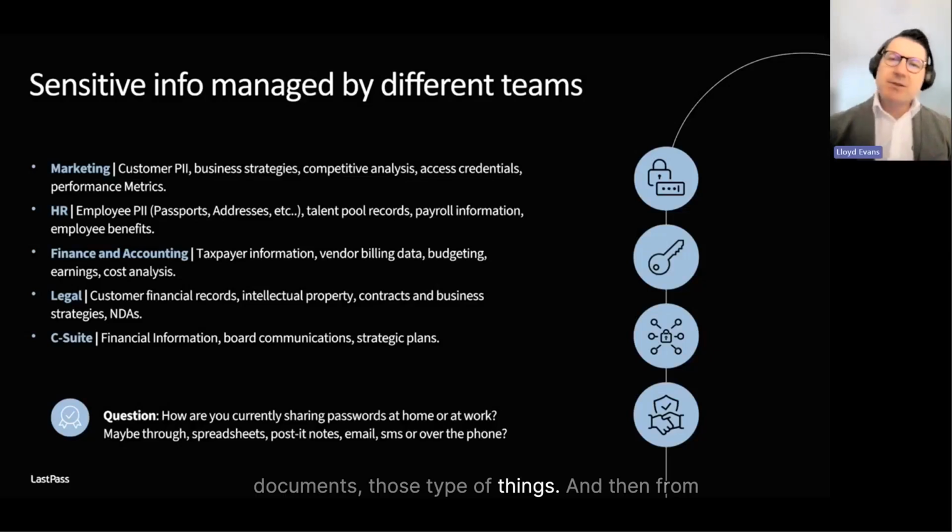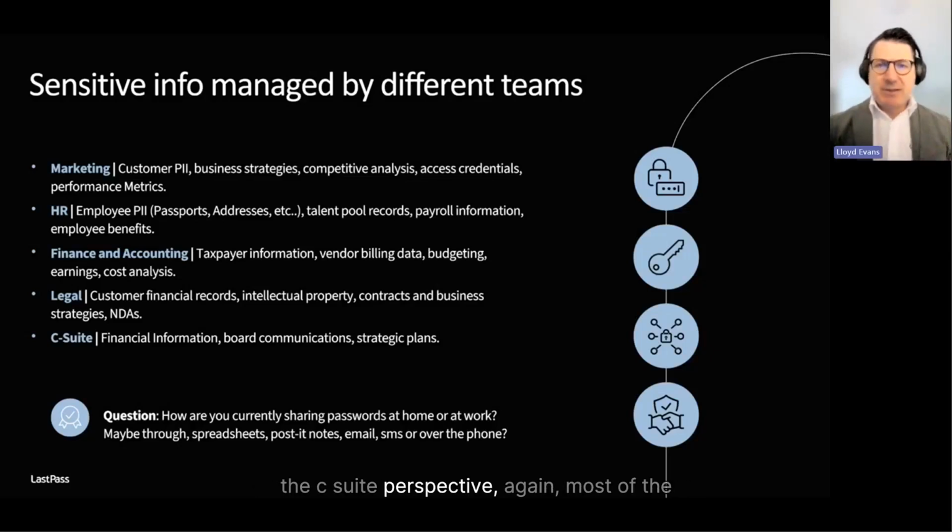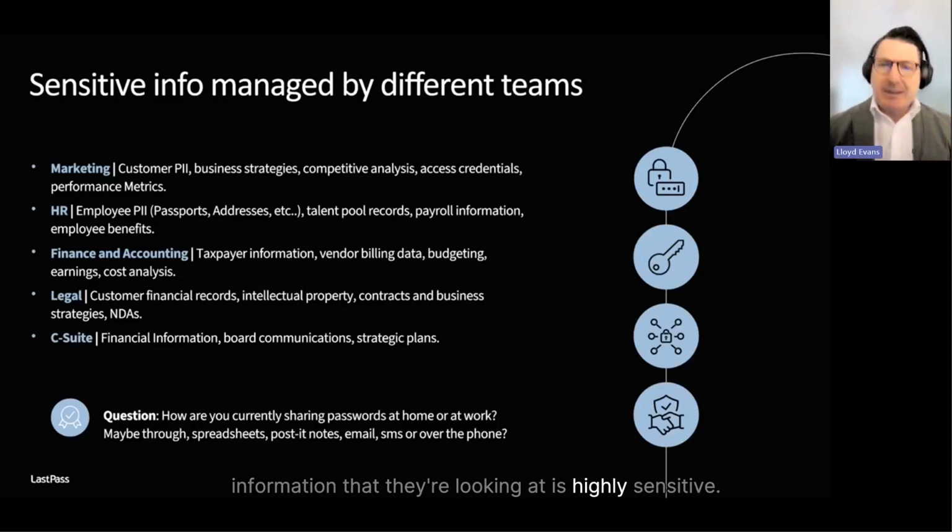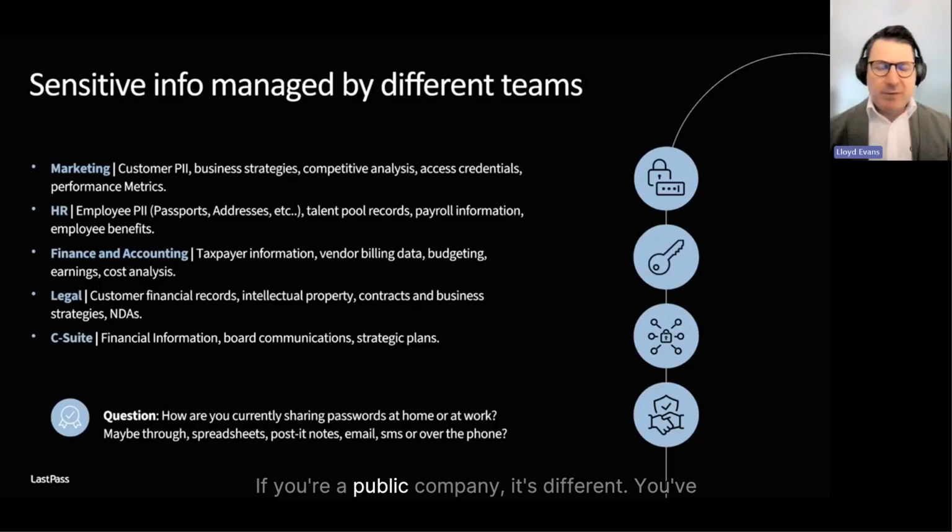those types of things. And then from the C-suite perspective, again, most of the information that they're looking at is highly sensitive. It's financial forecasts, P&Ls, balance sheets as an example. And if you're a private company, you don't want that information exposed. If you're a public company, it's different. You've got to disclose that.